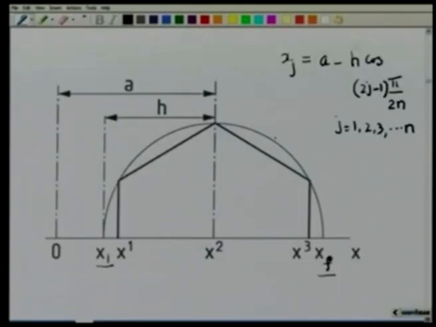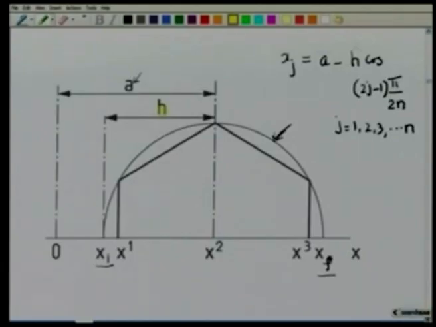This is a semicircle drawn with xi xf as the diameter. So, the midpoint of this interval, that is xi plus xf by 2, is our A. Similarly, this h is the half of the range, that is xf minus xi divided by 2.